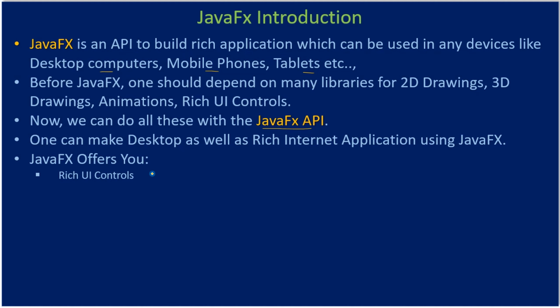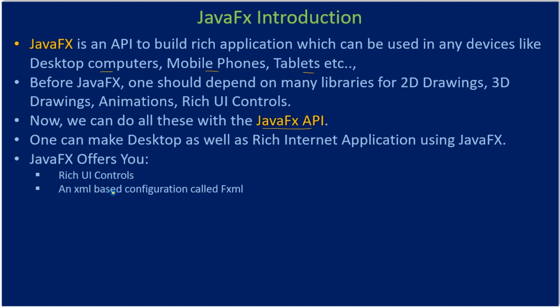Now JavaFX offers you a new kind of text box. So there are plenty of options for you to just display a text box. You can either use AWT, or you can use Swing, or you can use the control offered by JavaFX. So JavaFX offers rich UI controls.